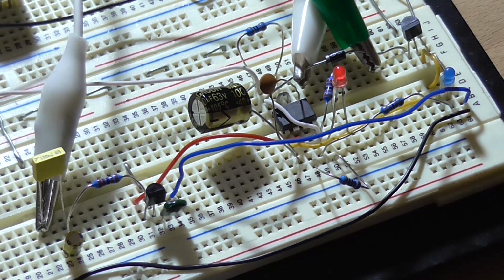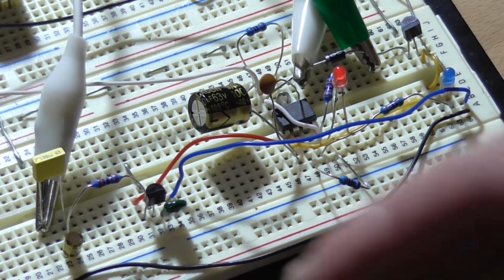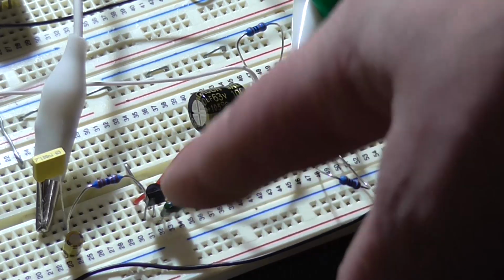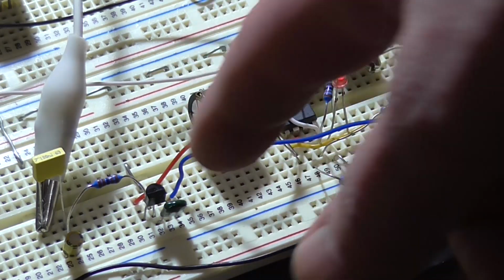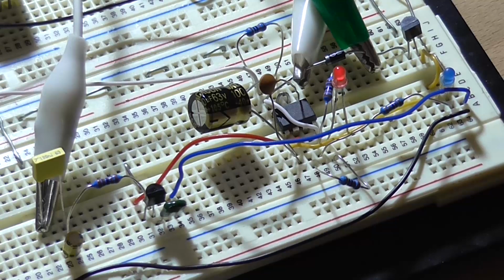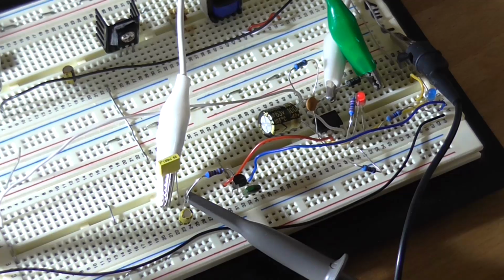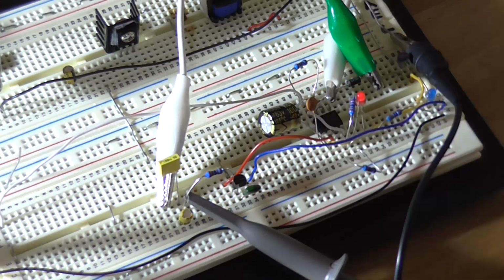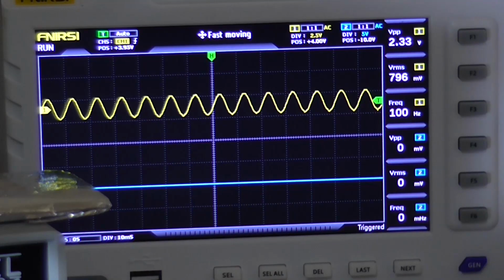So it might be a good idea if I start probing around with the oscilloscope just to see what sort of signal we've got coming in after the capacitor, after this resistor to the base, etc. And just have a probe around. Alright, oscilloscope's connected to after the capacitor, before the base of the transistor, so on this 2K2 resistor. And yes, there is a signal there.